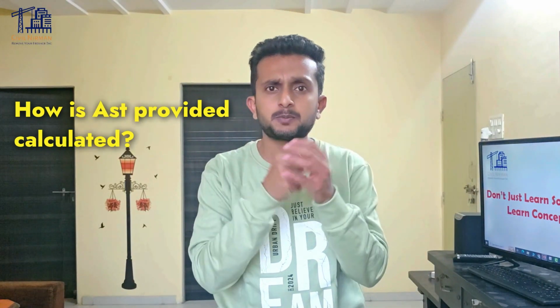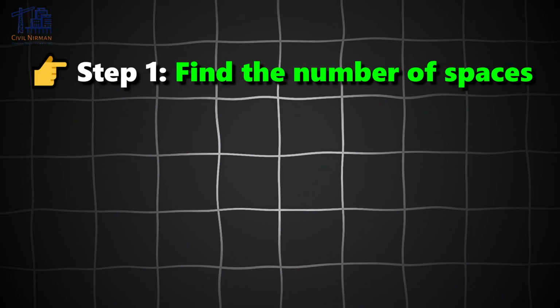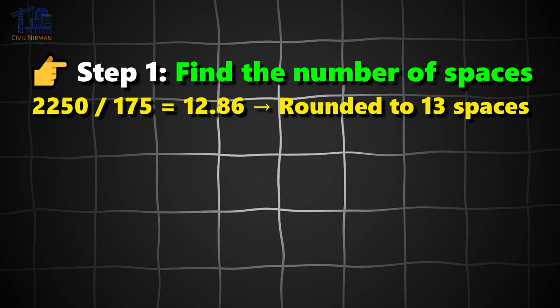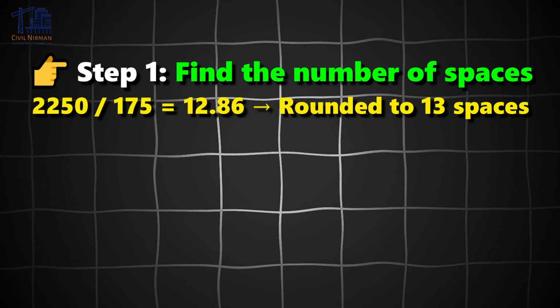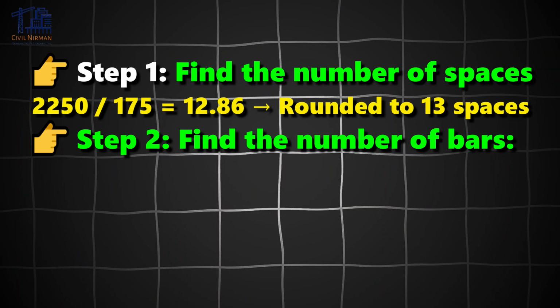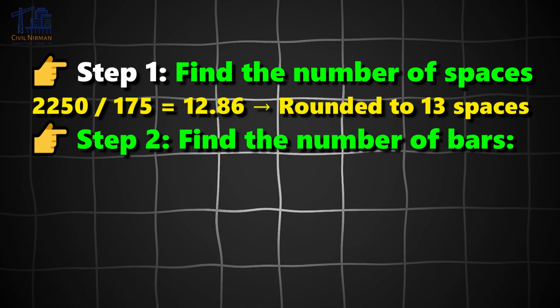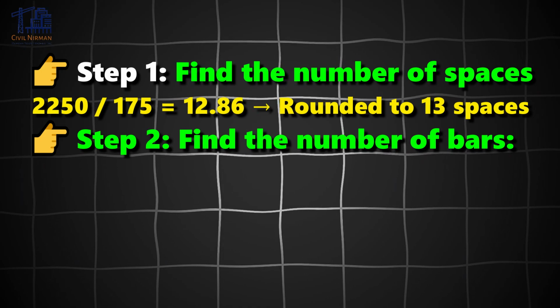Now how is AST provided? In simple steps, first of all you need to find the number of spaces, right? So for this 2250 mm length, if you divide it by the spacing, it will be around 13 spaces, right? So based on these 13 spaces, you need to calculate the number of bars, right? For 13 spaces, the number of bars will be 14 bars, correct?